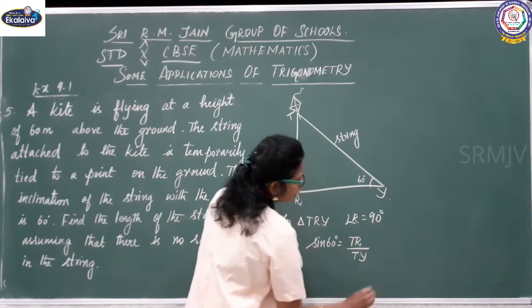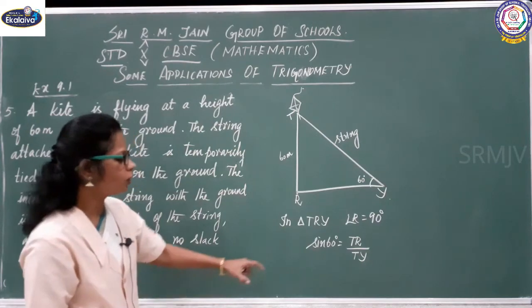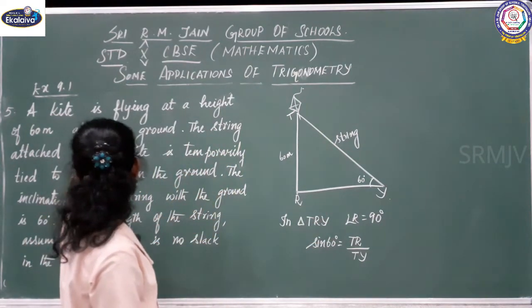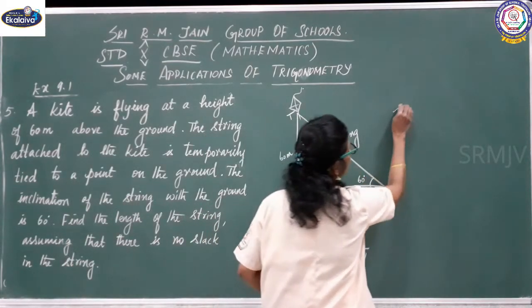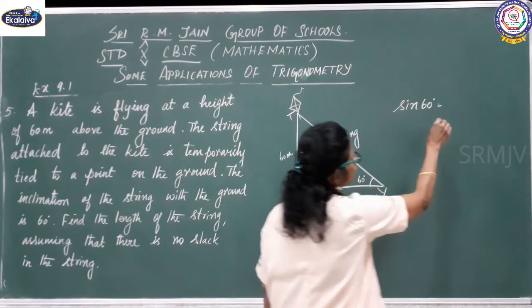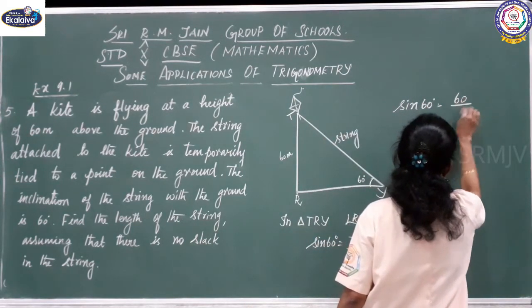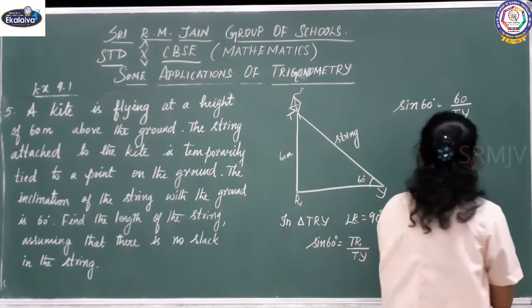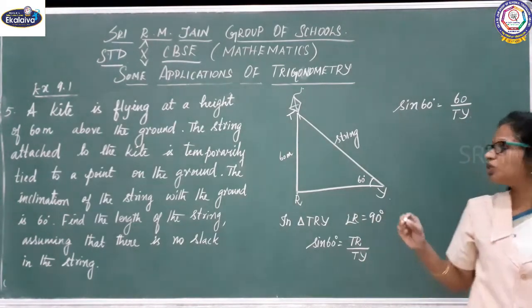TR divided by TY. TR you know that is 60 meter, right? 60 meter. So, sin 60 equal to 60 divided by TY, opposite by hypotenuse, that is 60 by TY.